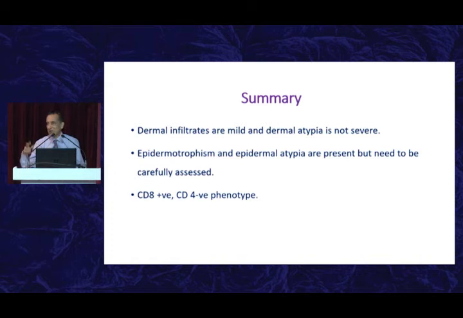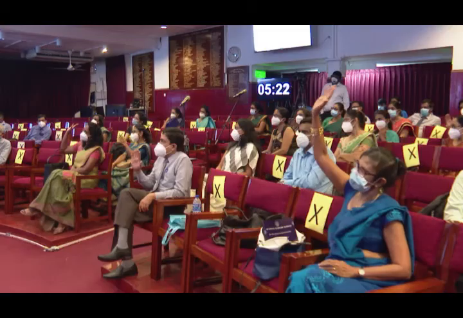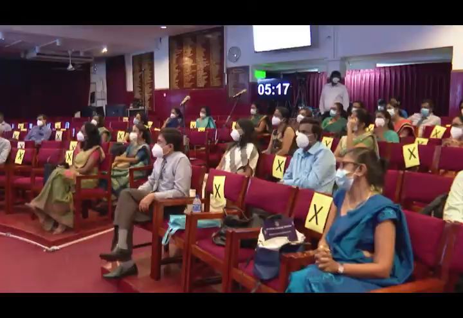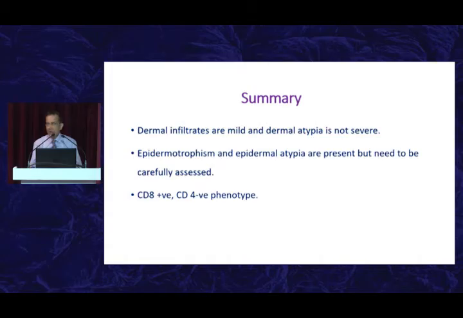So can I see a show of hands from the experienced and new dermatologists? What do you think? Who thinks that they are the same disease? And who thinks they are different? Yeah, you know. So the world literature does not acknowledge this, okay? And we have to show this.